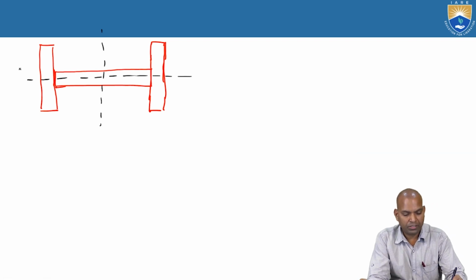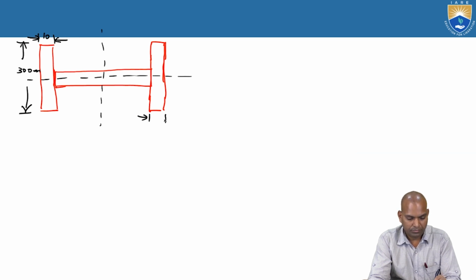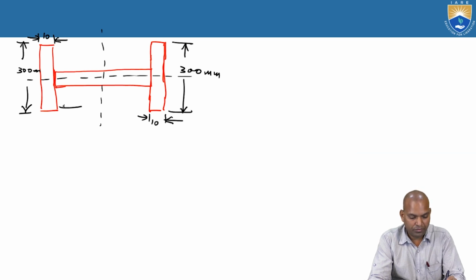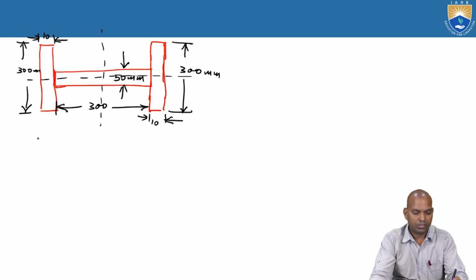The dimensions mentioned here are 300 millimeters, and here it is 10 millimeters thickness, the left flange, and similarly the right flange thickness is 10 millimeters and the length is 300 millimeters. The distance between is 300 millimeters. How to find out the centroid?